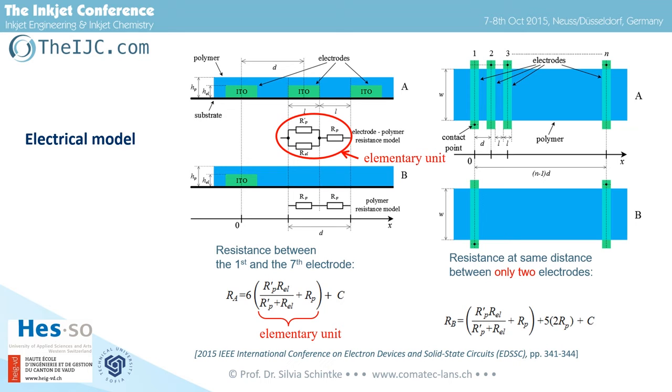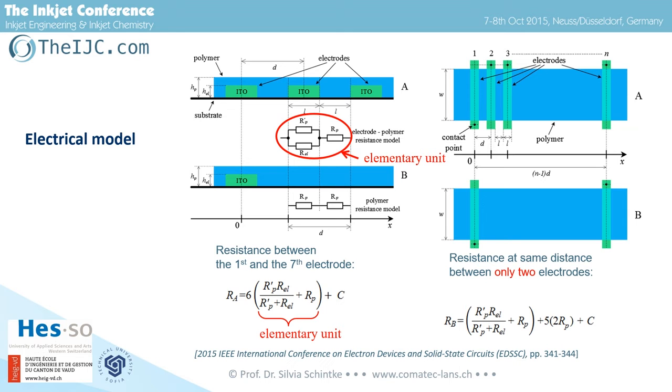Then we have our second test structure, where we can also model the elements. We again find the resistance for the polymer, and we have always, in fact, the resistance of the polymer. And the external structure is the same as in the first structure. So we can note down what is the equivalent resistance in this test structure and also in our other test structure, calculate the difference.